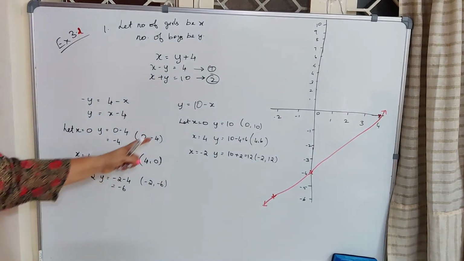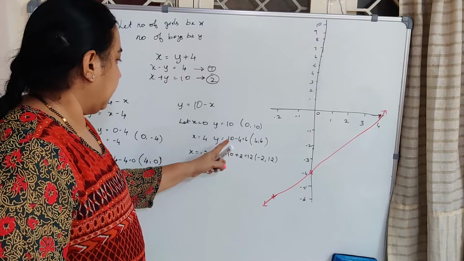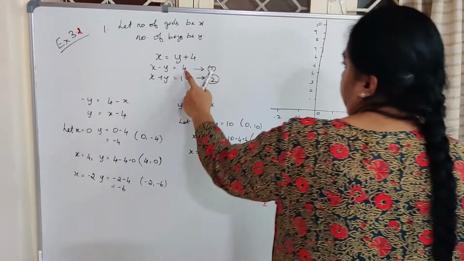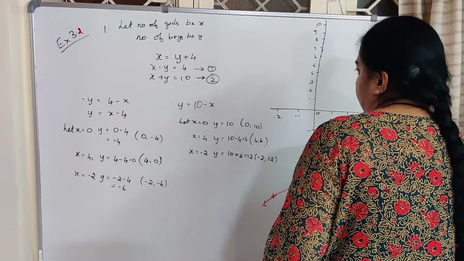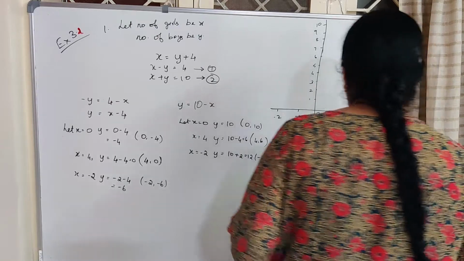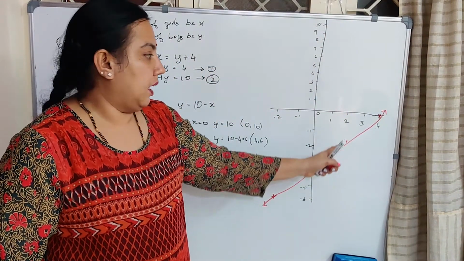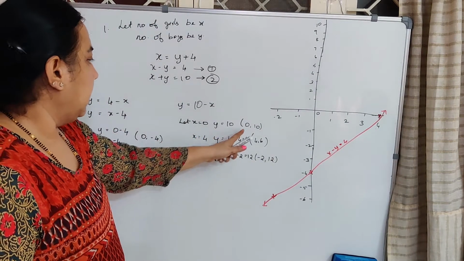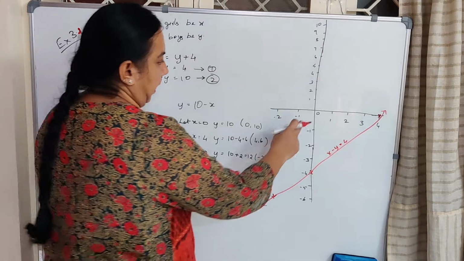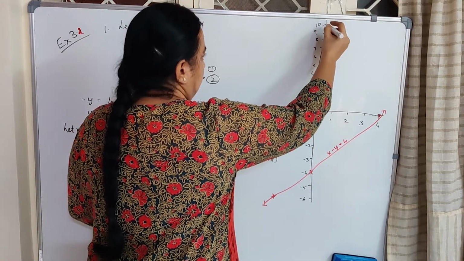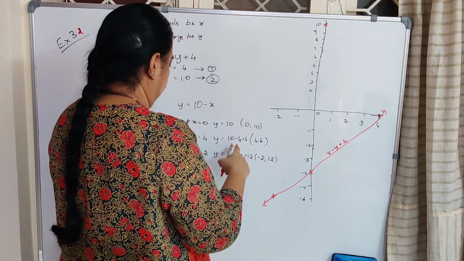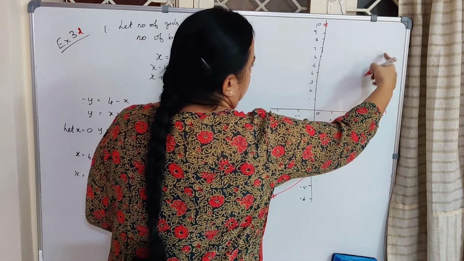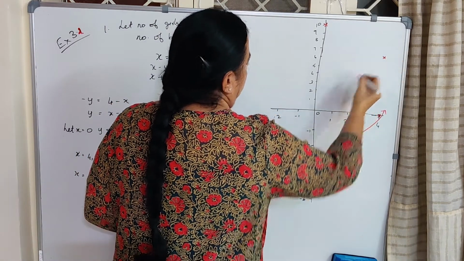Then the next thing is the second line. Whenever you draw a line, just mark the line also on it. This line is this equation, right? So mark it here: x minus y is equal to 4. Write the linear equation on the graph also. Then for the second line, 0, 10: on the x-axis 0 and on the y-axis 10, this point. And here 4 and 6: x-axis 4 and y-axis 6. So the line point is here somewhere.